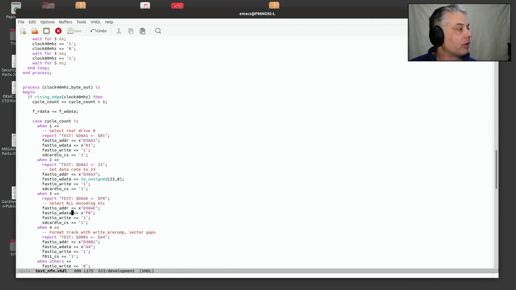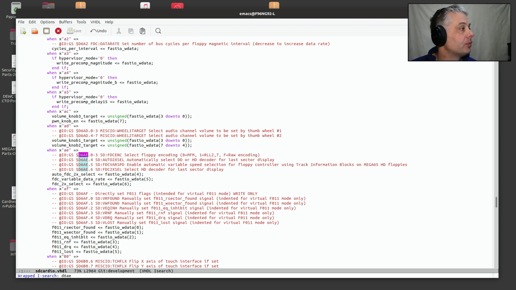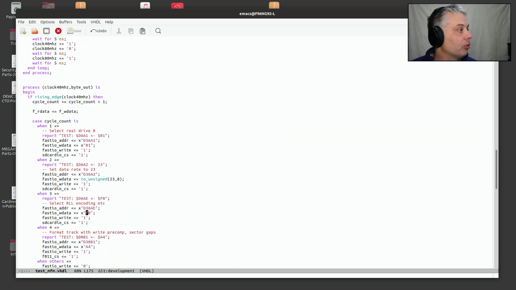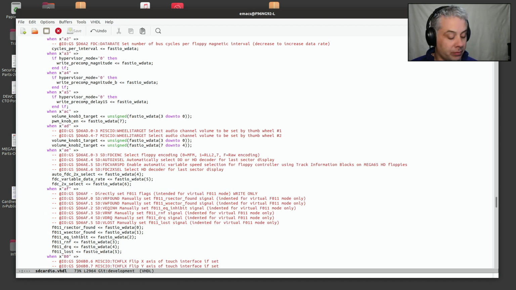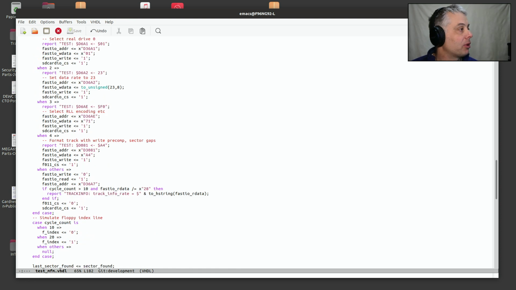Now to check, because I've changed the meanings of the bits in here. D6AE. So now the encoding is in the bottom 4 bits. We tell it a 1. With right precompensation, sector gaps. Yep, that's all fine. And then we tell it to start formatting.